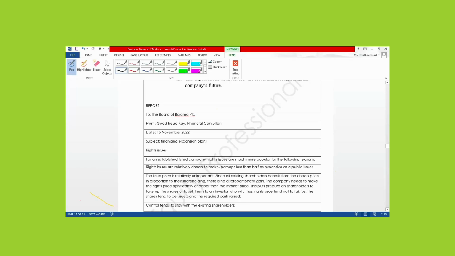The issue price is relatively unimportant since all the existing shareholders benefit from the cheap price in proportion to their shareholding. There is no disproportionate gain.